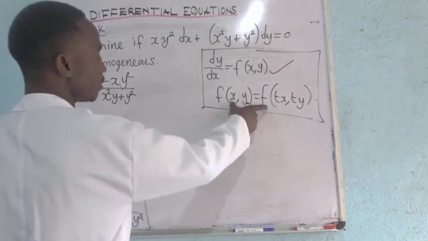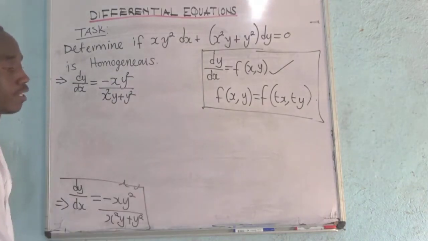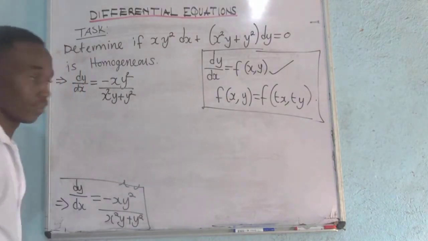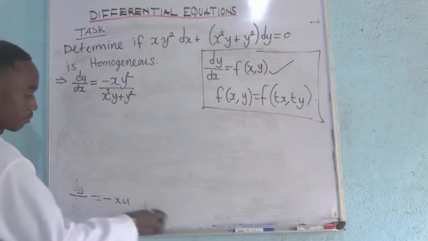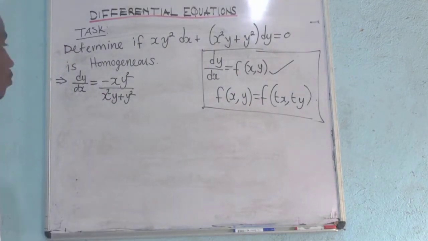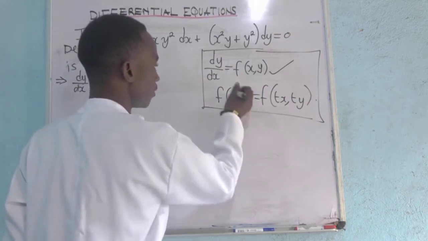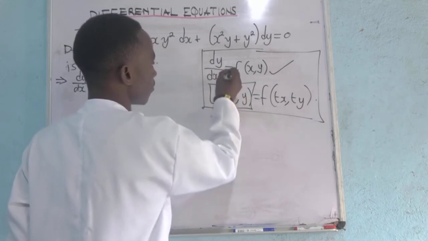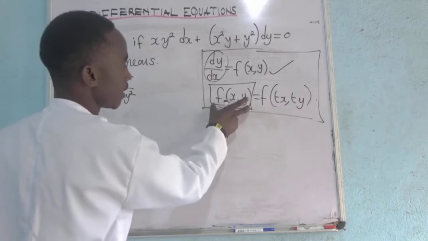Then you need to check for homogeneity so that you can conclude whether or not the given equation is a homogeneous equation. So to check for homogeneity, this condition has to be true. So that is to say, since this is for homogeneity, this is equivalent to that. So what you have here can still be expressed as this, and then it is equal to that.